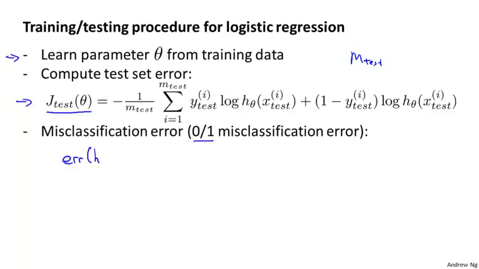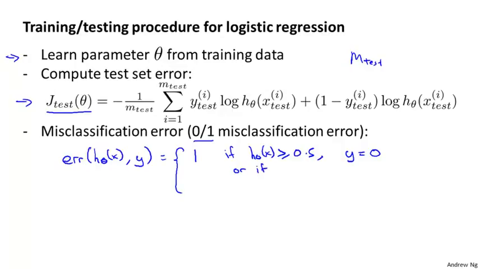Let me define the error of a prediction, that is h of x, and given a label y as equal to 1 if my hypothesis outputs a value greater than or equal to 0.5 and y is equal to 0, or if my hypothesis outputs a value less than 0.5 and y is equal to 1. Right?